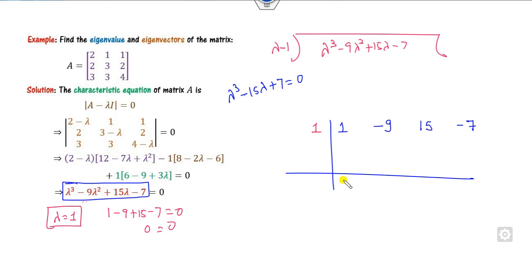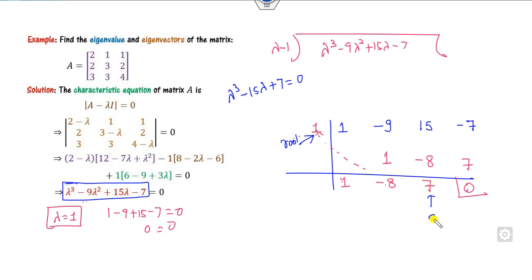Now you can write the first number as such. Multiply this by this: 1 into 1 is 1. Add and you get minus 8. 1 into minus 8 is minus 8. Then it is plus 7. 1 into plus 7 is plus 7. If the last is 0, then it means this is a root.